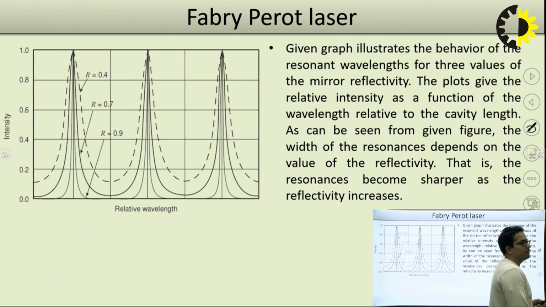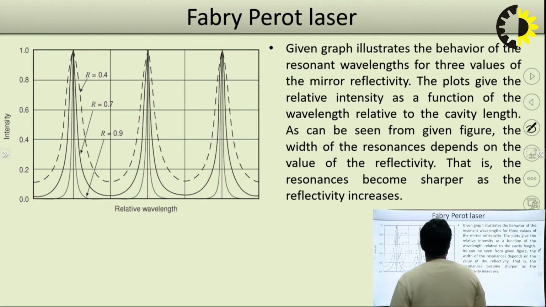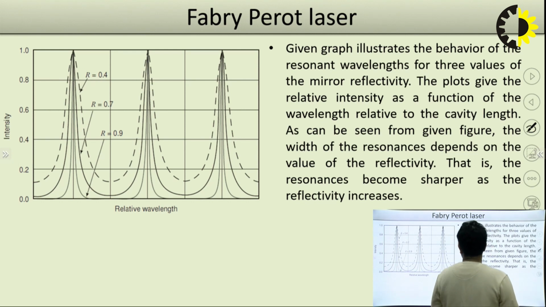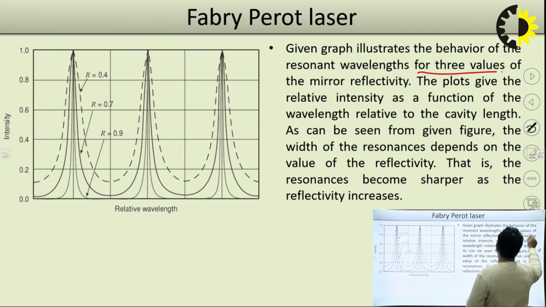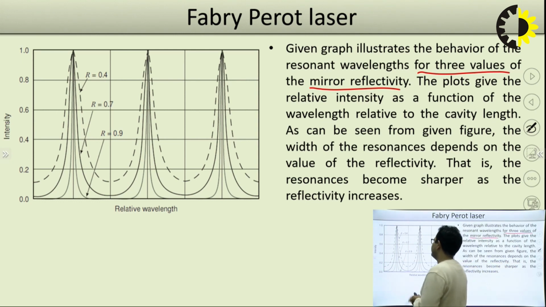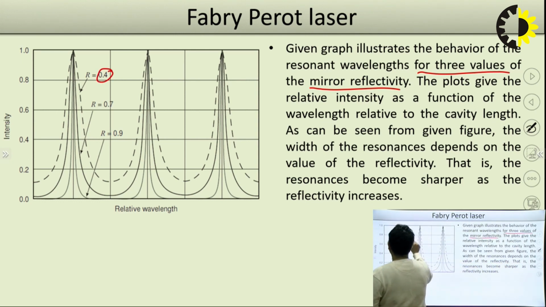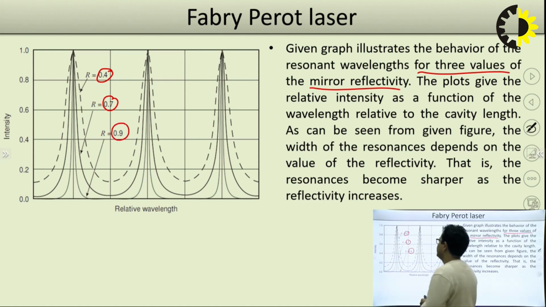Now, this is the graph drawn between the relative wavelength and the light intensity inside the Fabry-Perot cavity. It gives the behavior of the resonant wavelengths for three different values of mirror reflectivities: 0.4, 0.7 and 0.9.